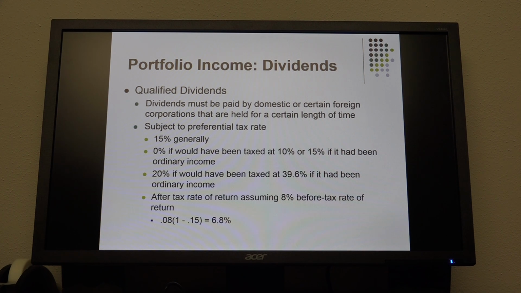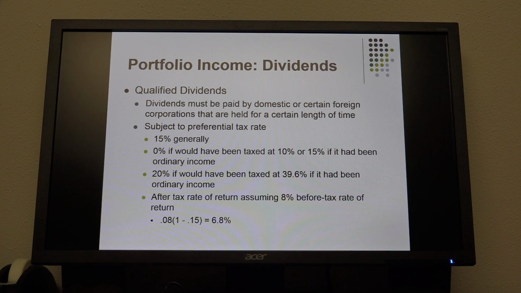So they're going to be taxed at 15% on qualified dividends. Recall that the after-tax rate of return, as we show here, on an 8% before-tax rate of return, you figure out by subtracting the preferential rate, 15%, from 1.